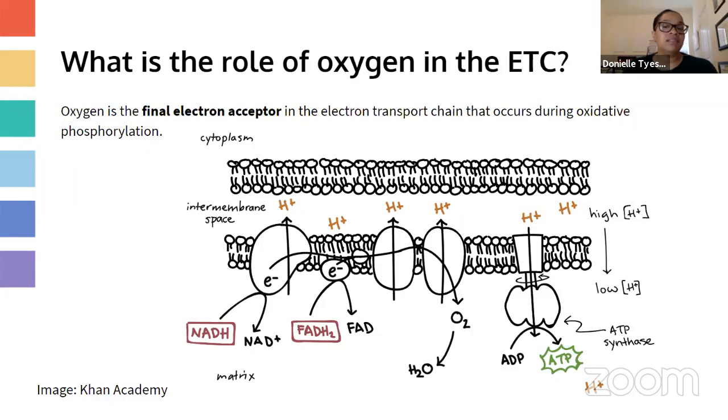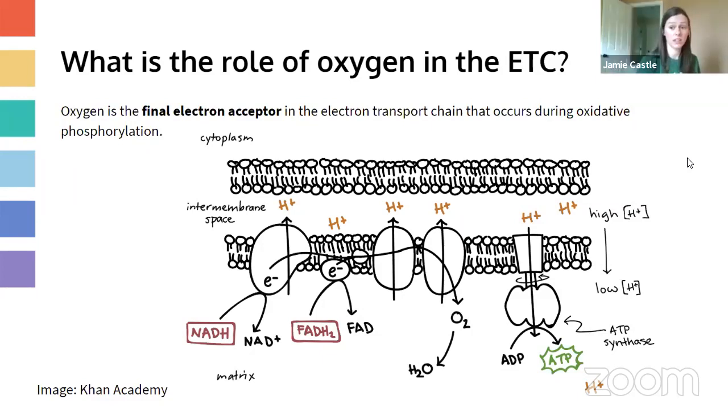Also think about the name oxidative phosphorylation. You see that the oxygen itself is gaining electrons. That's what makes it oxidative. And the phosphorylation is when ADP, which is the stored form of energy, is converted into ATP, which is a usable form.